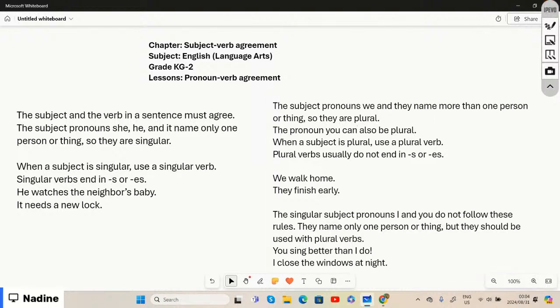All right. So when it comes to today's lesson, we said subject verb agreement, which means that our subject as well as our verb need to agree with one another, right? The subject is basically the person, thing, or animal that does the action, which needs to agree with the verb.